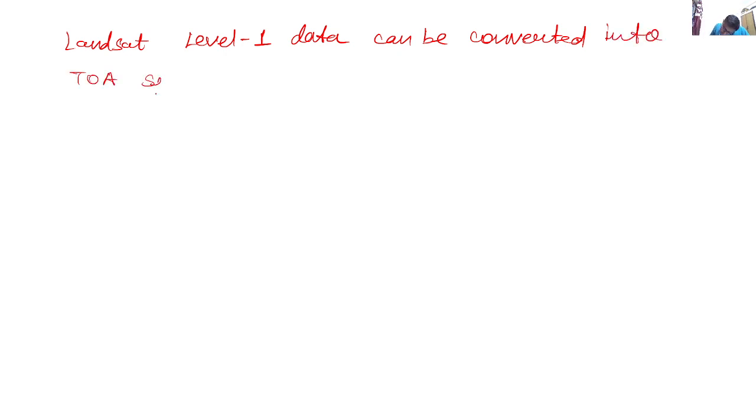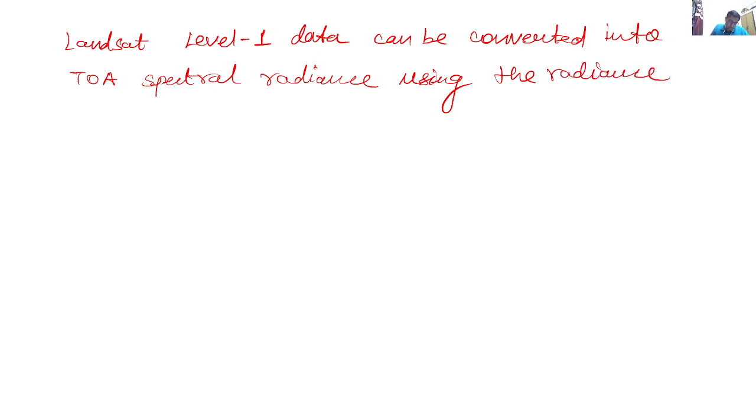The Landsat level 1 data can be converted into top of the atmosphere spectral radiance using the radiance rescaling factor. So radiance L lambda would be ML times Qcal plus AL.